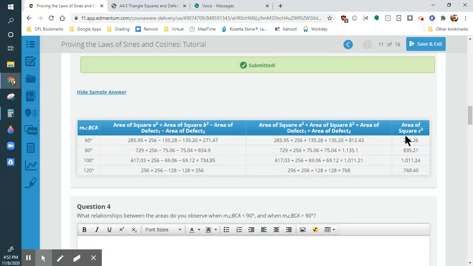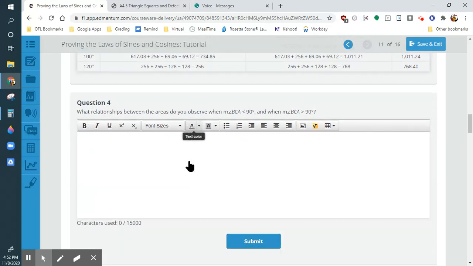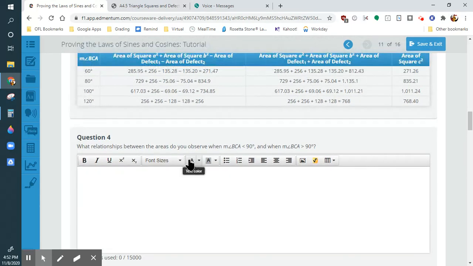Then we can see here how the a squared plus b squared minus that area defect, which we're going to get into in a little bit. This is a strange way to teach it, guys. I'm sorry. But again, you guys can pause here to show your work.